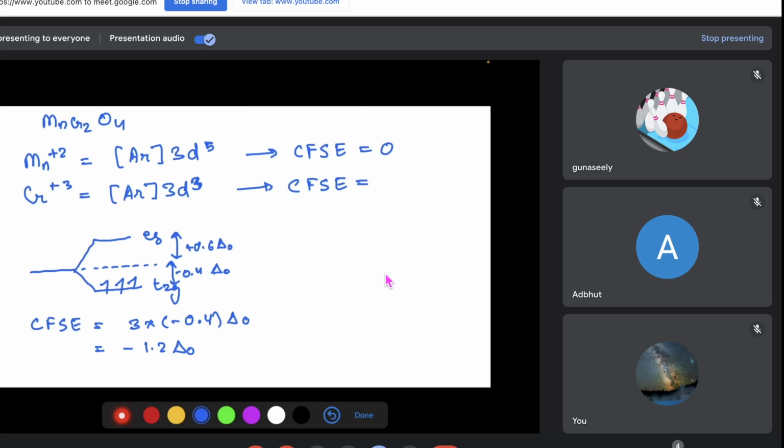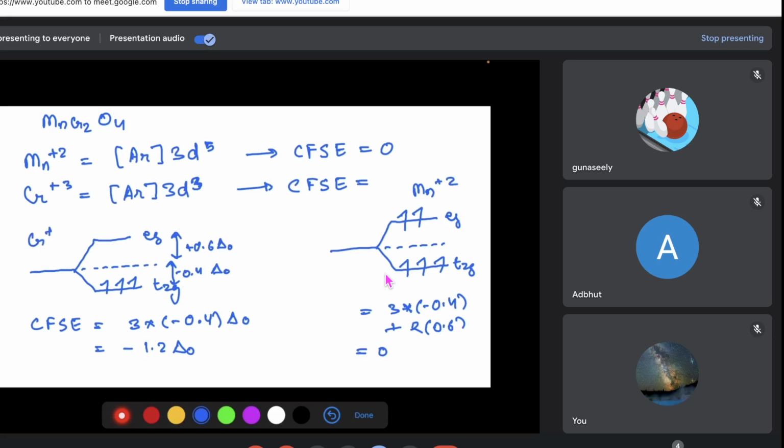Similarly my CFSE here is 0 because in electronic configuration, after splitting of orbitals, 3d5 will become 3 into minus 0.4 plus 2 into 0.6, so this will become 0, correct? So this is for Mn plus 2 and this is for chromium plus 3.